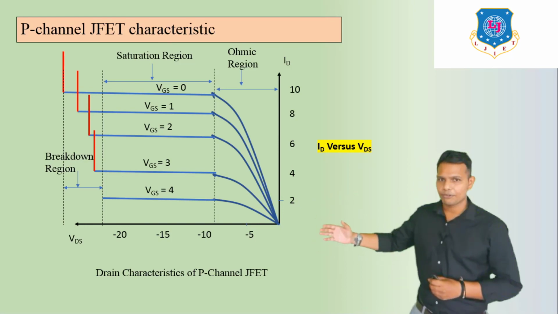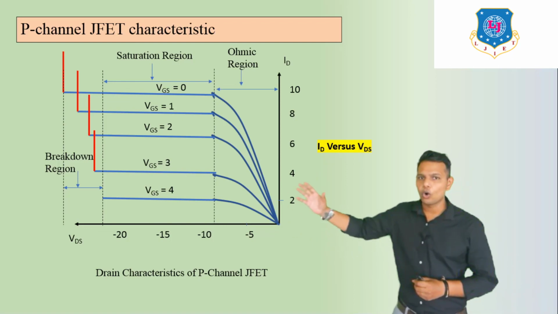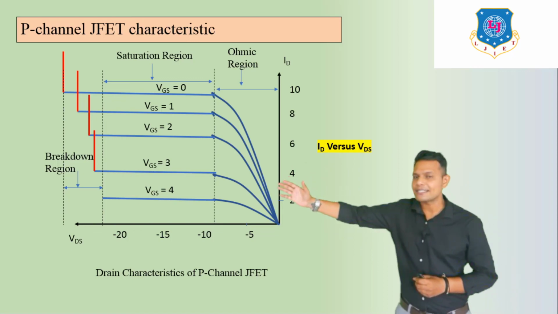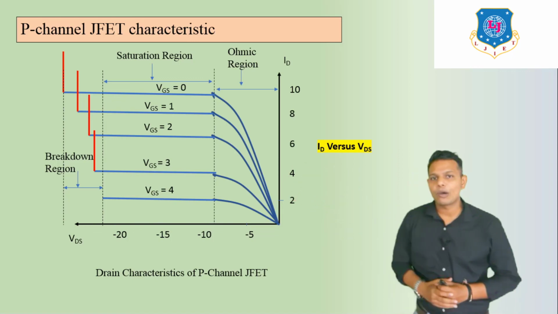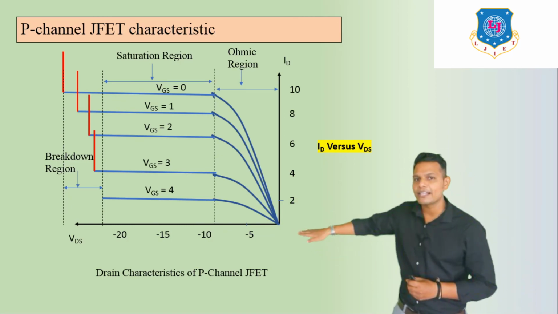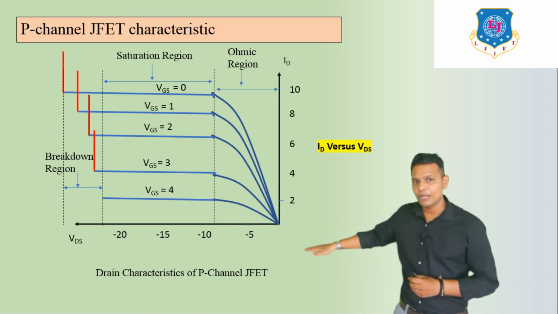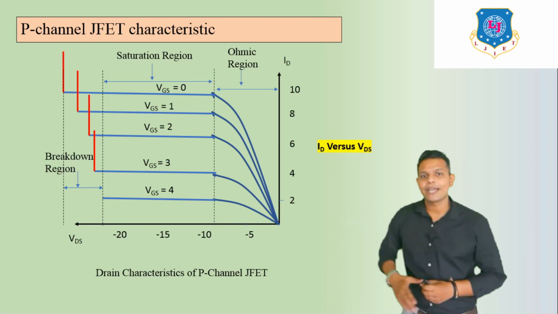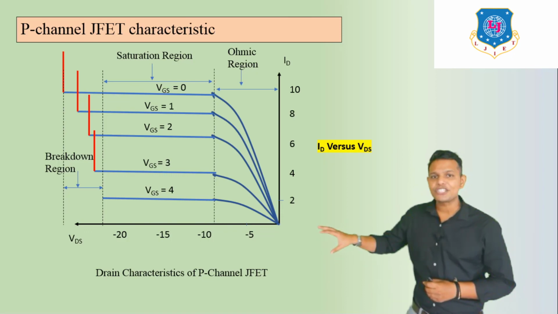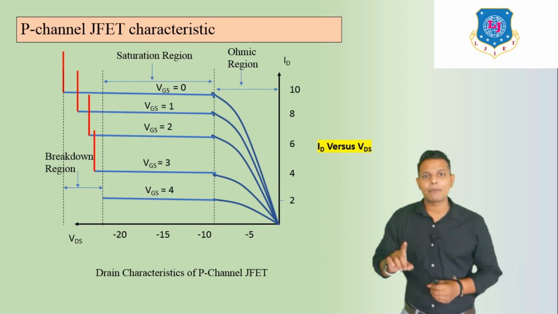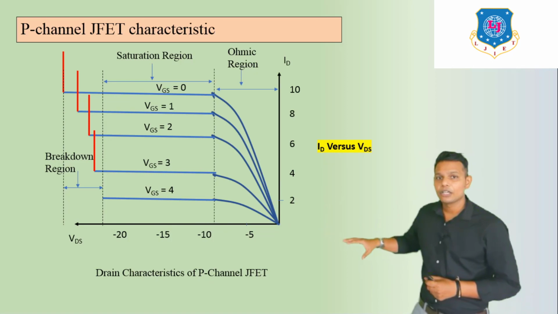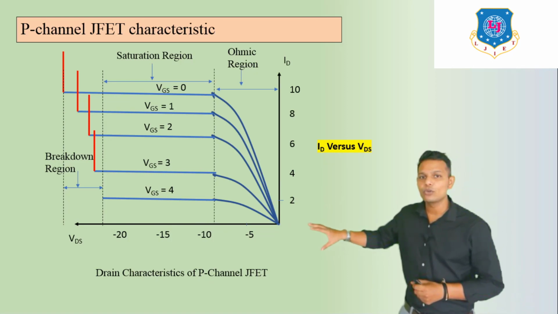Here the first region is the ohmic region, then the saturation region, and finally the breakdown region. And below VGS equal to 4, it is known as the cutoff region. So like this we can plot P-channel JFET characteristics, but remember, it should be in the second quadrant because we are showing minus values of VDS.